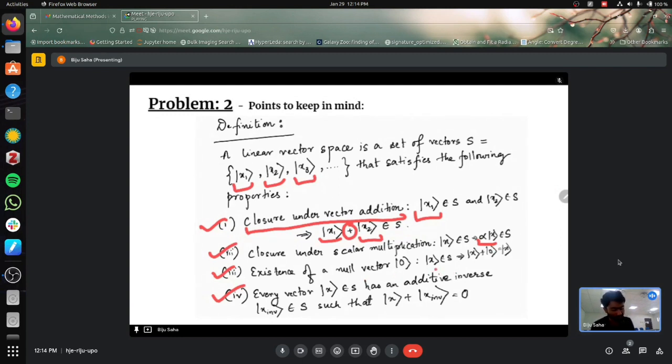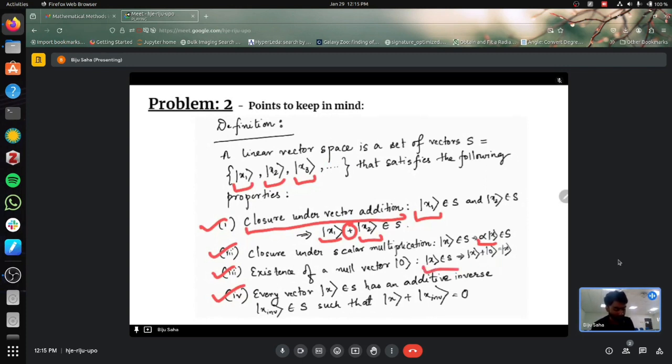Suppose you pick up any vector, so you have to perform vector addition with some vector which lies in this set itself, so that when you perform addition, the resultant vector is the same as the original vector.